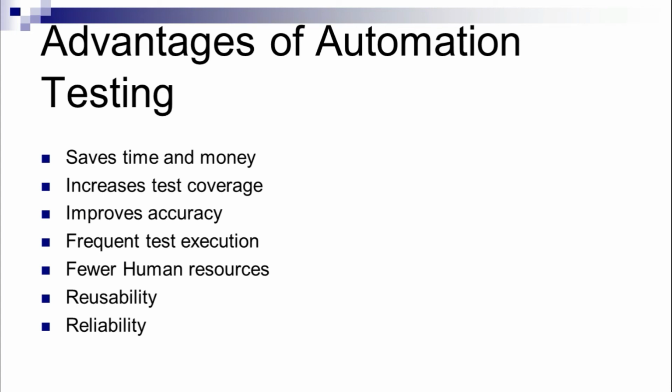All the instructions are already there, so I can't miss any step. Frequent test execution. I can run the test suite virtually as many times as I want. Fewer human resources. How many do I need? Maybe 2 at max during the creation of the automation test suite, and then anybody can run the test suite.